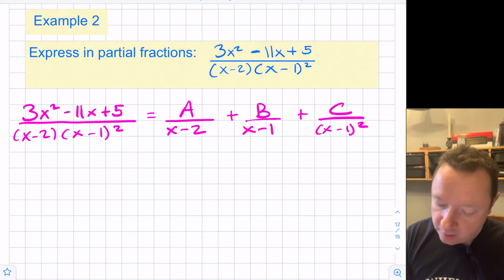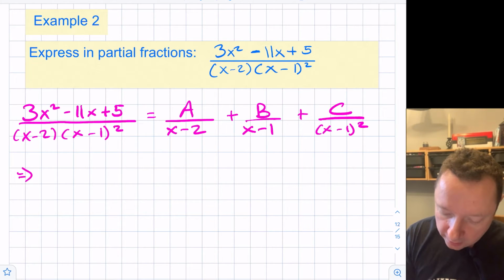So then being very careful, let's have a look at this. A over x minus 2 needs to be times by x minus 1 squared. So we get on the top a times x minus 1 squared.